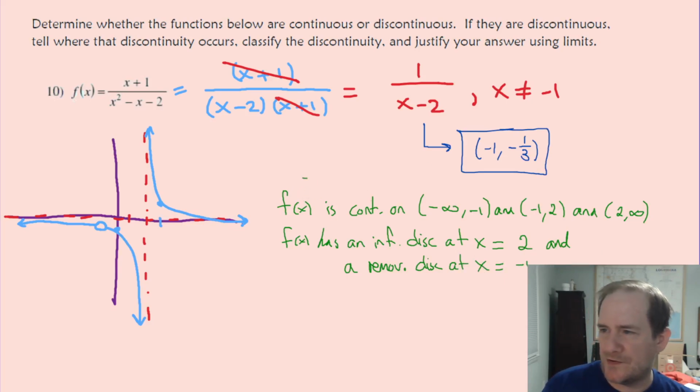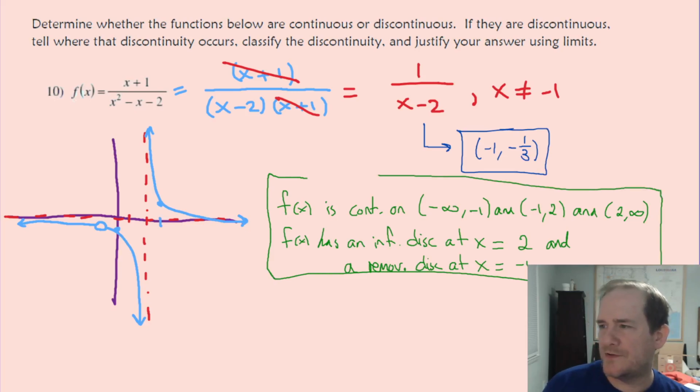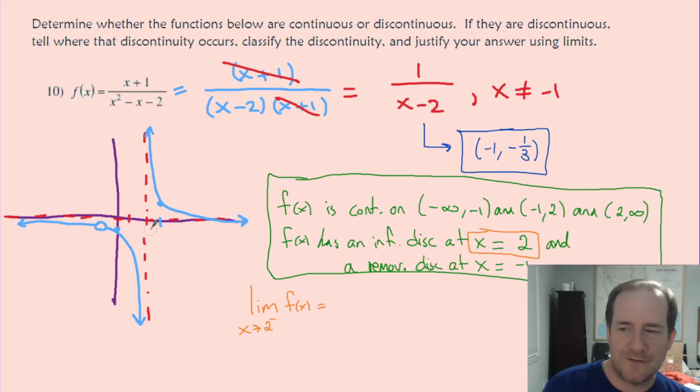And that's it for your sort of text-based answer. Now just make sure that you're giving me a math-based answer using limits. And I'll kind of color code this, let's say. So why am I getting an infinite discontinuity at 2? Well, that's because the limit as x approaches 2 from the left of this function, well, in our graph we can see as we approach from the left we go down to -∞.